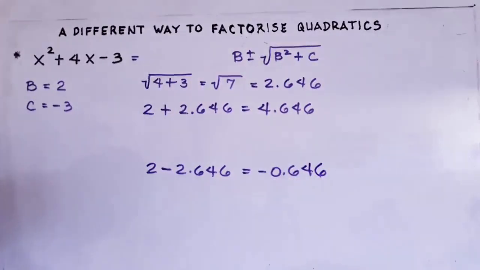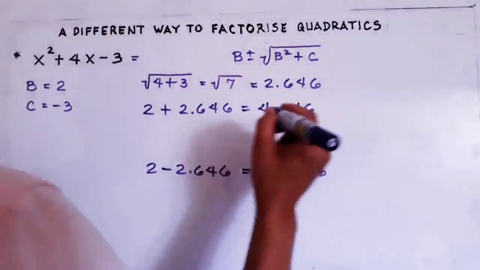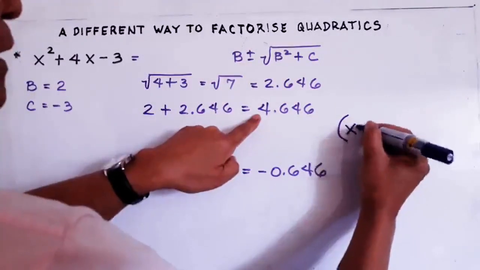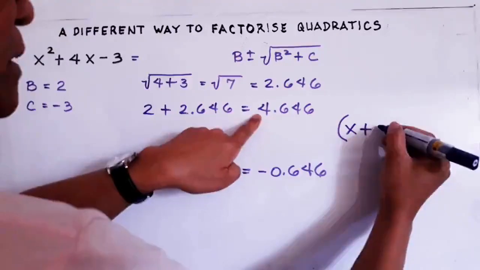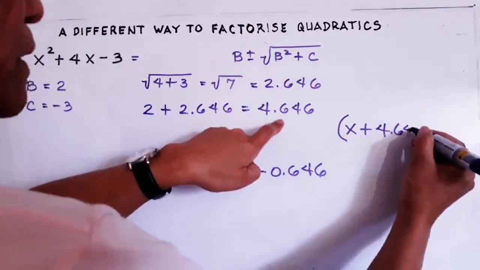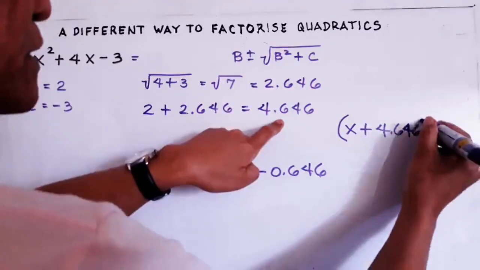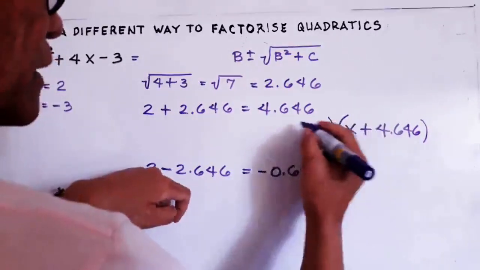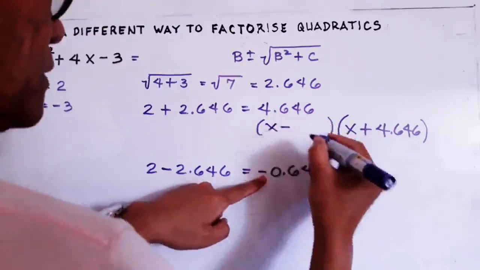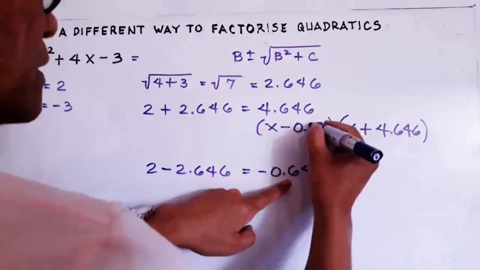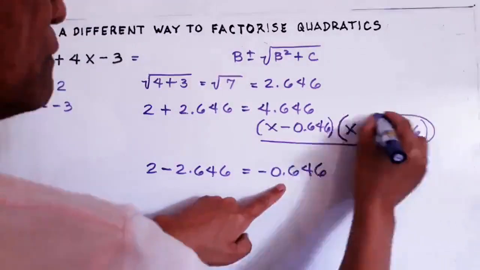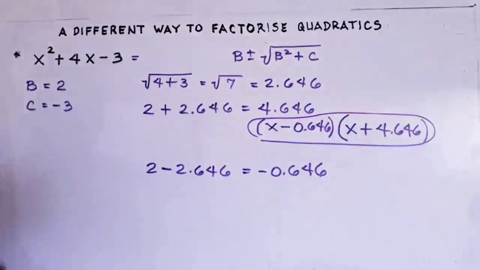Then we have our factor: x plus 4.646 times x minus 0.646, and this is our factor for this one.